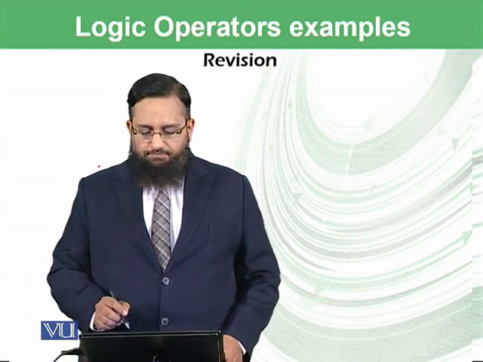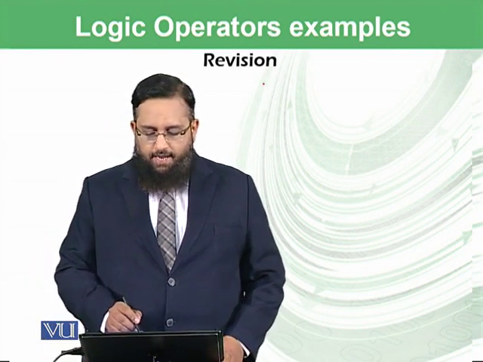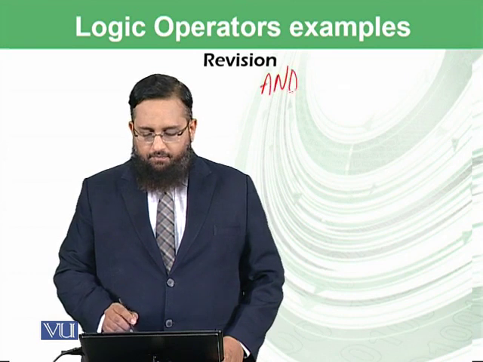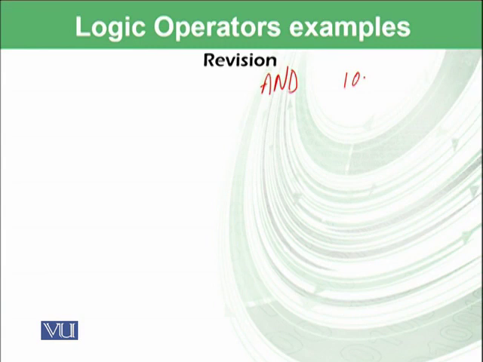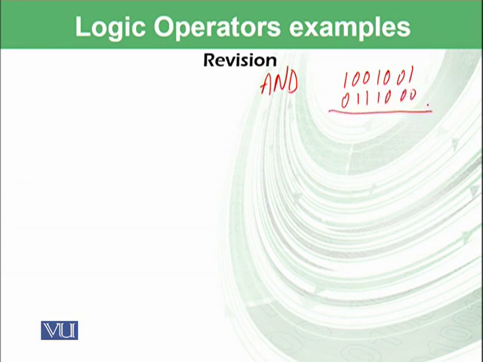For example, if there is an AND operator, we have 2 bit patterns, 1 0 0 1 0 0 1 and 0 1 1 1 0 0 0. You know the logical AND gate gives 1 whenever both bits are 1, otherwise it gives 0.